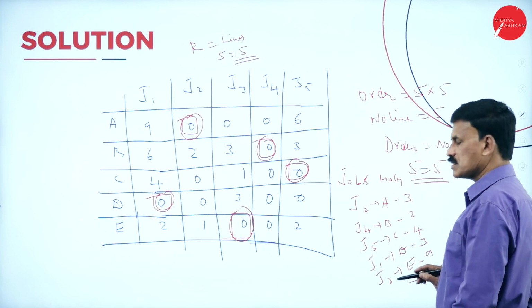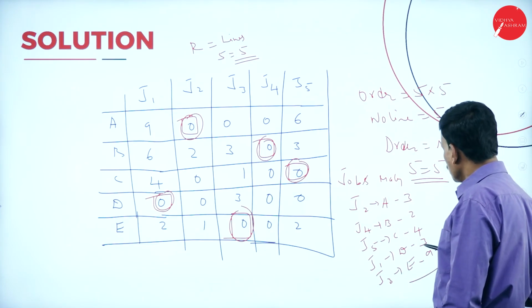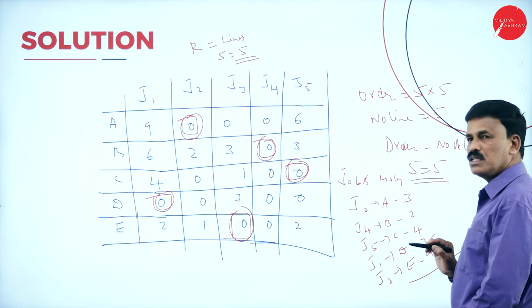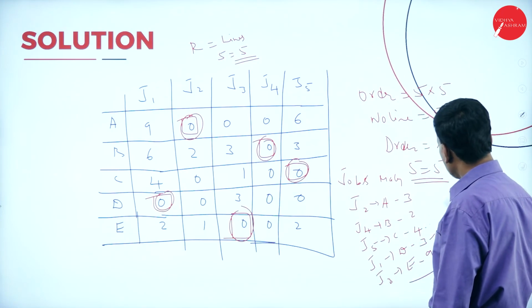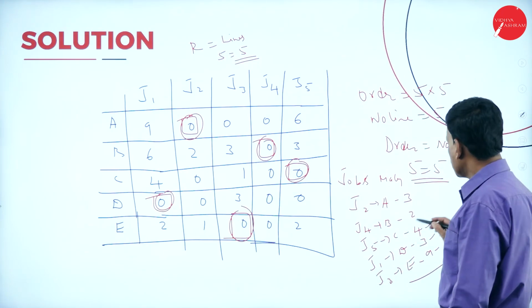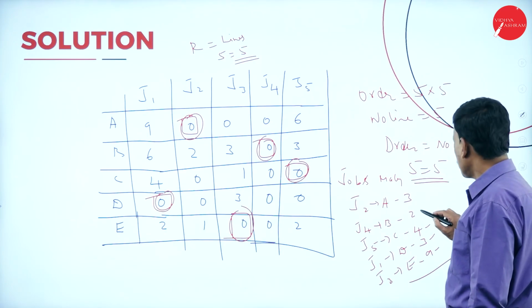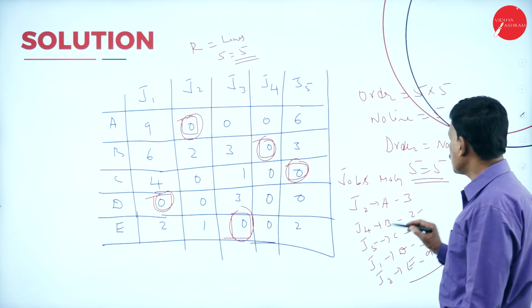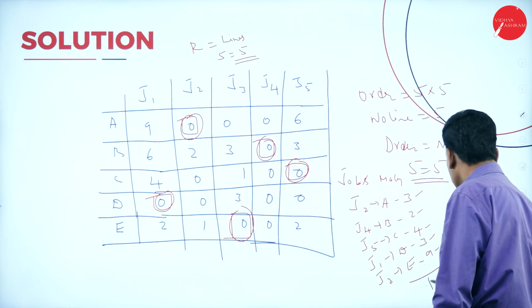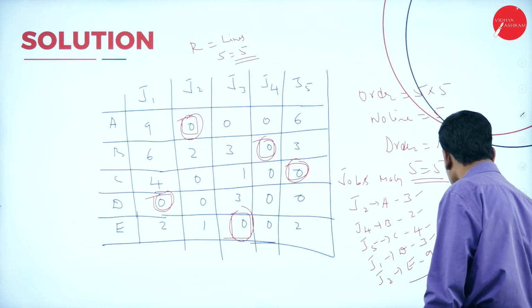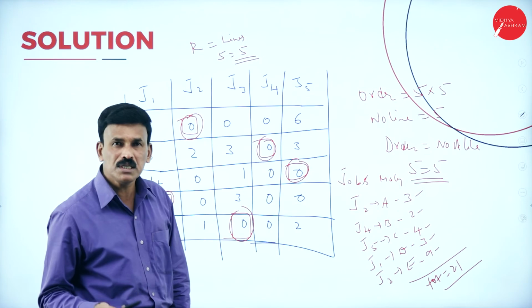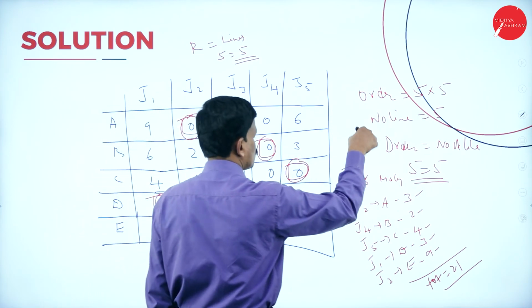Now add this. 9 plus 3 is 12. 12 plus 4 is 16. 16 plus 2 is 18. 18 plus 3 is 21. So this total is equal to 21. Therefore the total minimum cost is 21.